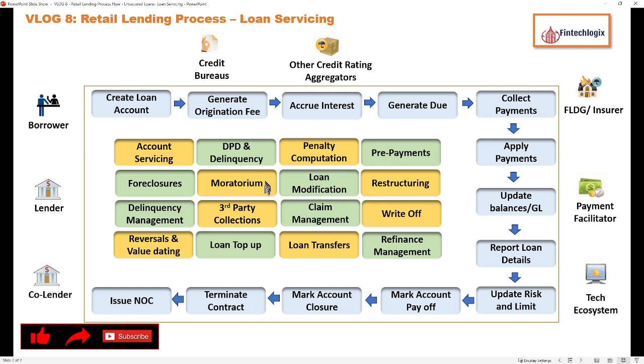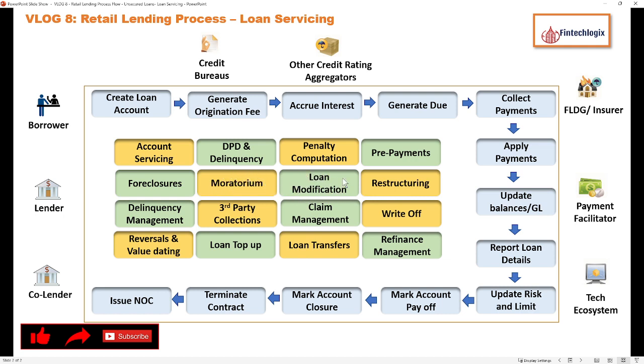Moratorium, in simple terms, was very prevalent during COVID. It is a kind of deferring of the loan account, where the borrower would not make any payment for, let's say, 1 month or 2 months, and after that, whatever interest is computed, we do certain treatment with that amount. So it's as good as giving some additional time to borrowers for 1 or 2 months, but the interest amount for that period is definitely taken in certain form, and that is called moratorium.